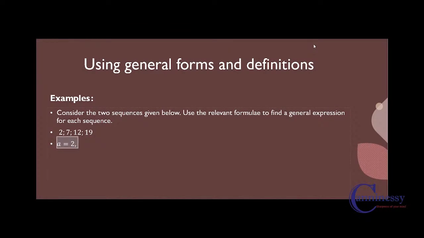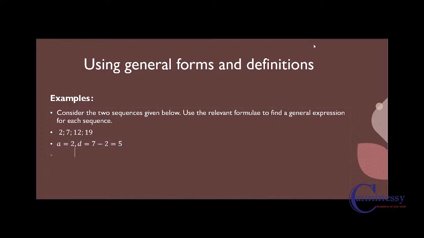Then what is the common difference? D is equal to successive term minus previous term. So it is equal to 7 minus 2, which is equal to 5. Right?